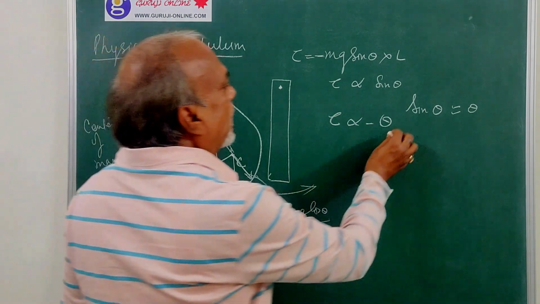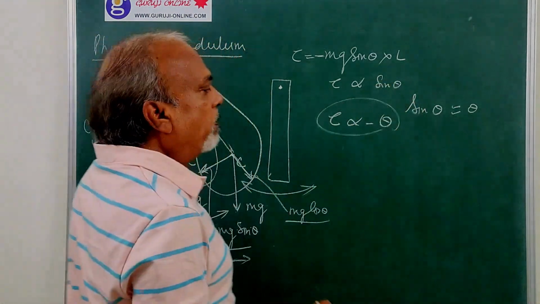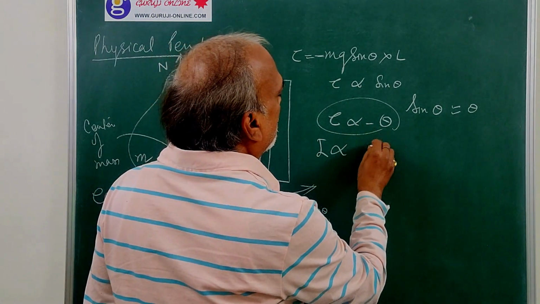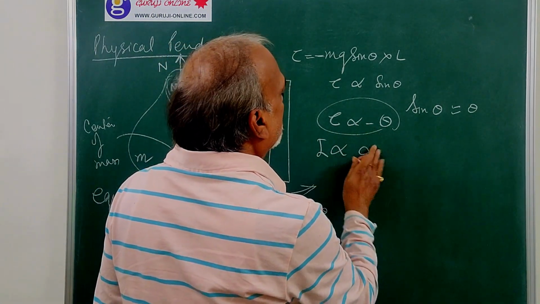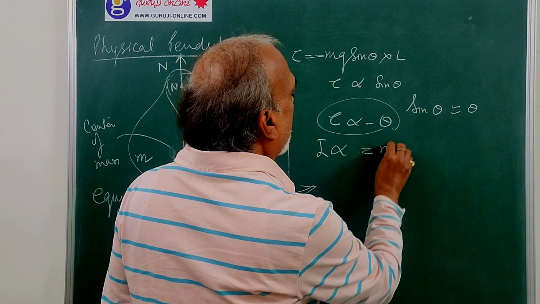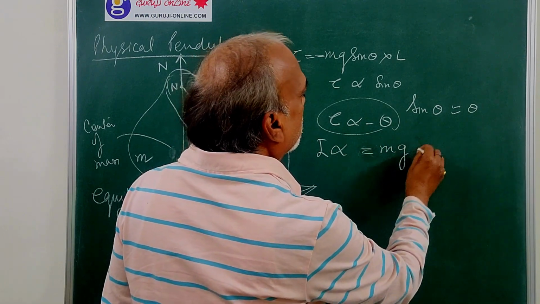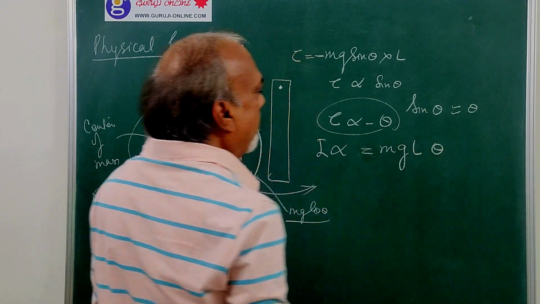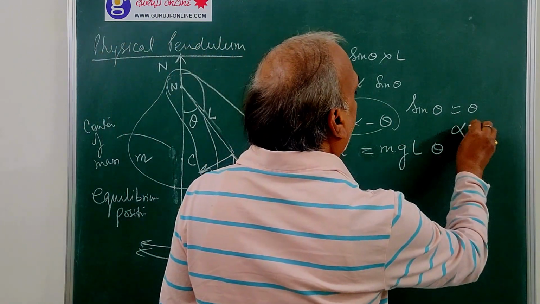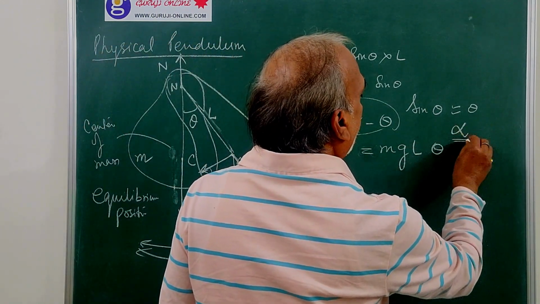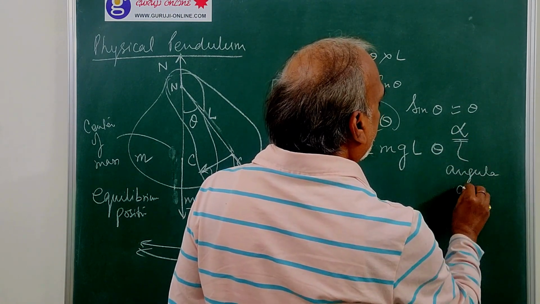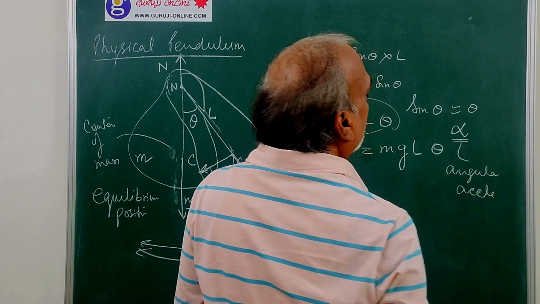So this is the condition for simple harmonic motion, and torque is nothing but I alpha, which is equal to mgl into theta. Here alpha is the angular acceleration, correct?